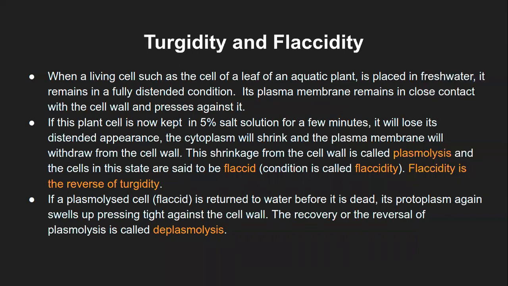Now the opposite case, that is of flaccidity. When a living cell, such as the cell of a leaf of an aquatic plant, is placed in fresh water, it remains in a fully distended condition.